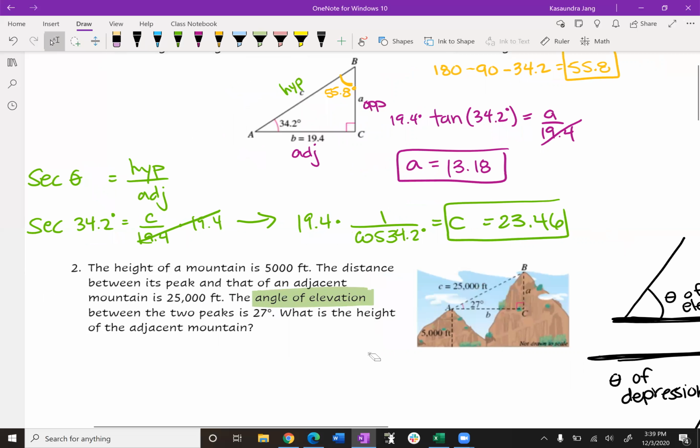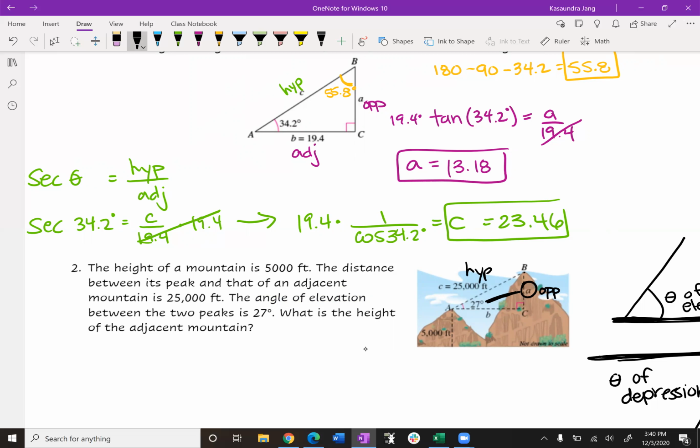They said the angle of elevation from that horizontal line up was 27 degrees. So we're trying to find the height of the adjacent mountain. So how tall this is, let's get this A first. That A is opposite from my 27 degrees. I don't know anything about the adjacent, the side B. I do know the hypotenuse.